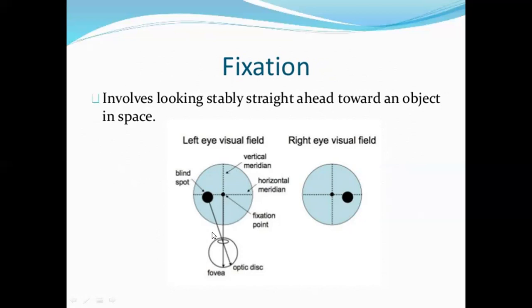So how fixation occurs: this fovea and the optic disc. So in this way, the fixation point, where the vertical meridian and the horizontal meridian meet, occurs here, and the person will be able to see that particular object.